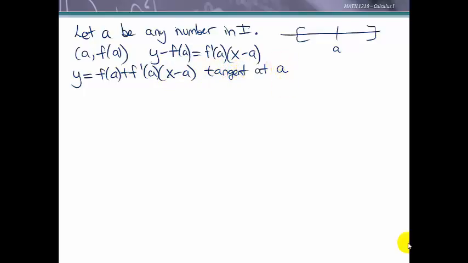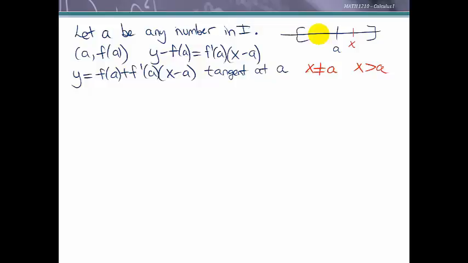at a. Now we're going to need to look at a couple of cases. First of all, x is not going to equal a because we know that the function value and the tangent to the curve equal each other at the point of tangency. So we're going to consider two different cases where x is greater than a, and then in a minute we'll consider the case where x is less than a.